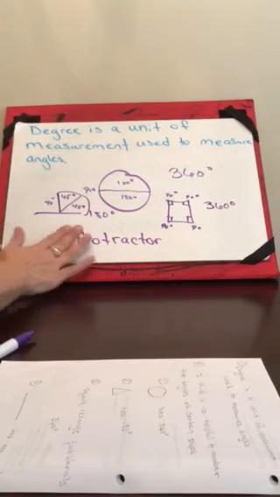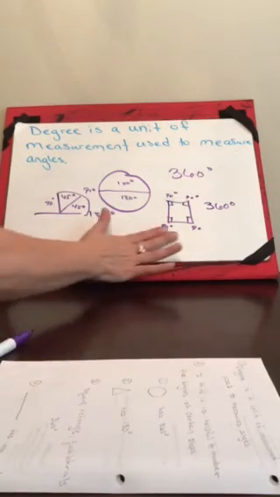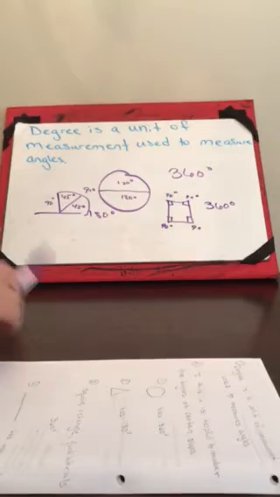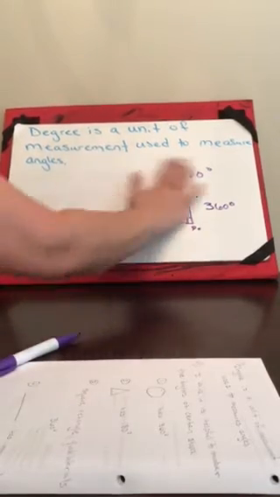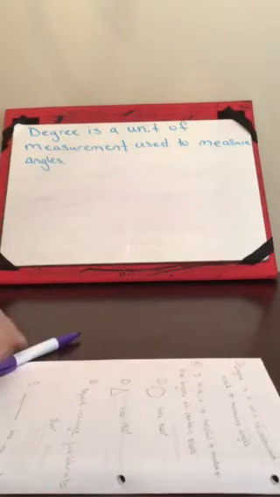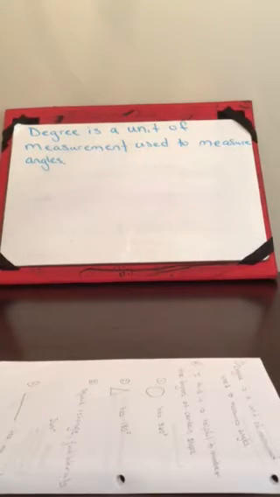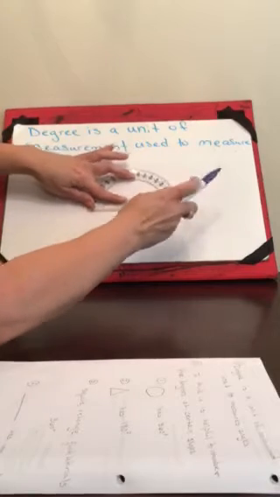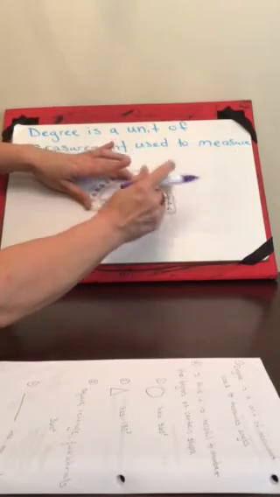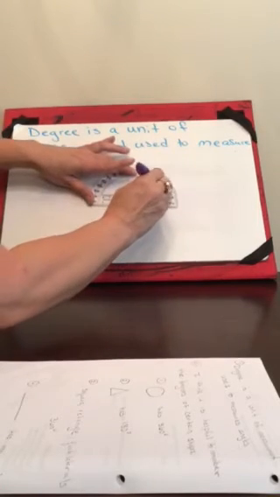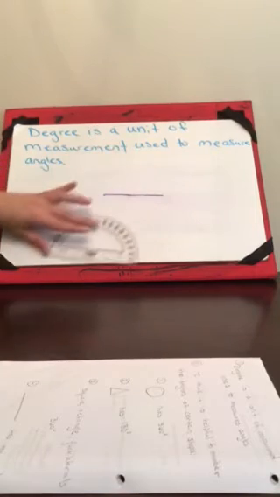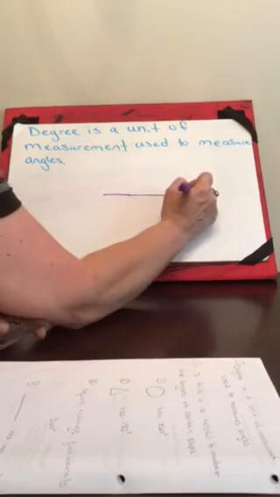So for example, let's say that I want to draw a straight angle. I can draw my straight angle here. Well, we're going to imagine that it's perfectly straight. Okay, so there's my straight angle. A straight angle is 180.